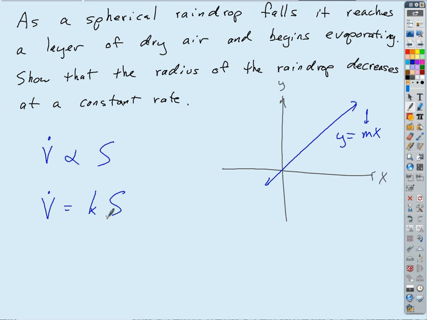Does that make sense? We don't know what it is. It's going to depend on the situation. But at this point, we do know that we should expect to see this proportionality. So we should expect this equation to be true for some value of k. Agreed? Yeah. Okay?